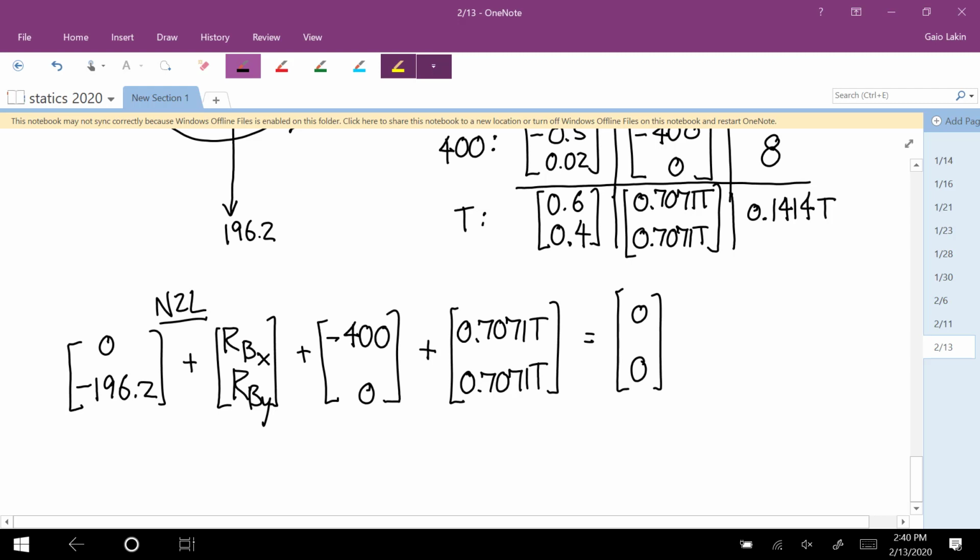Neither of those are directly solvable for something right now. So at worst, we're going to end up with a system of 3 equations for 3 variables.